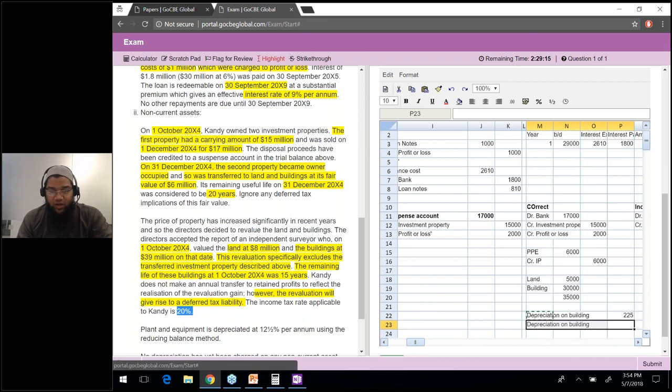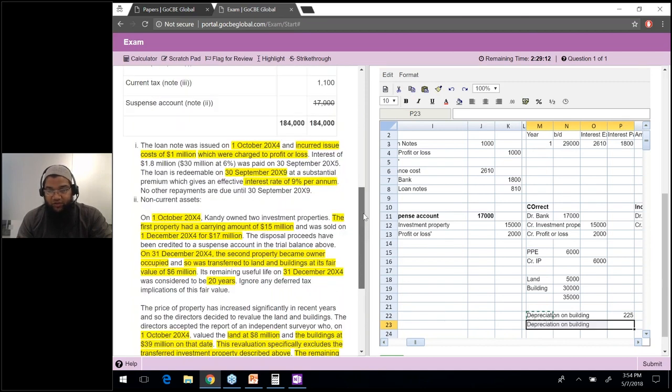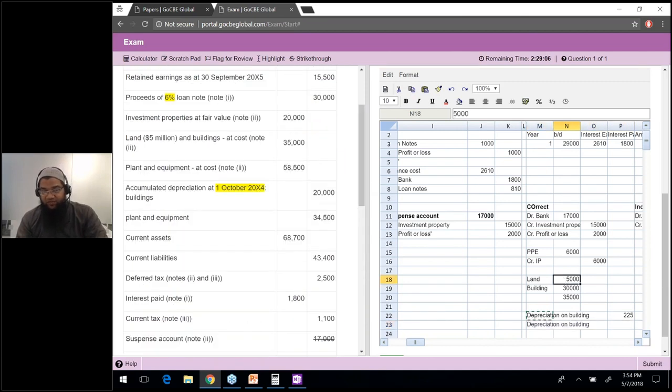Now, one thing we have to understand, which is very important, is that the values given in the trial balance were 35,000: 5 relates to the land and 30,000 relates to the building. But this 30,000 actually includes the 6,000 of the property that has been transferred from investment property to PPE.